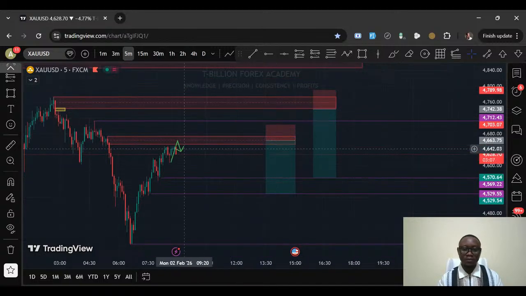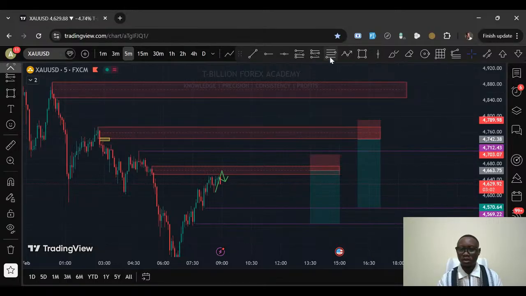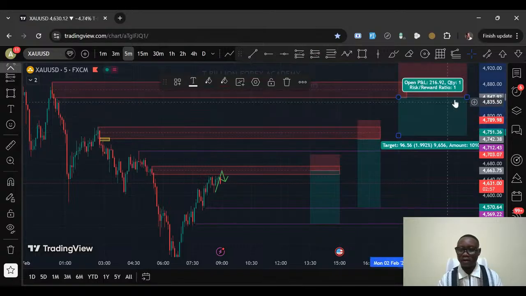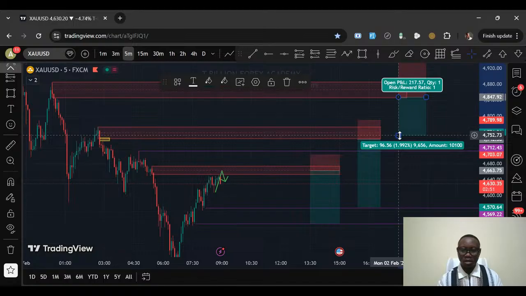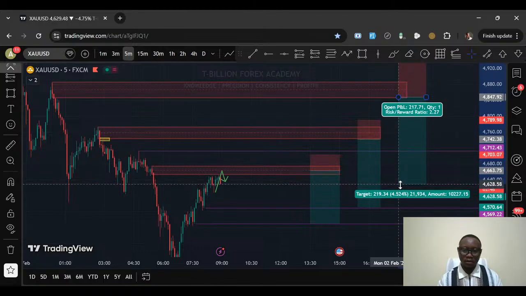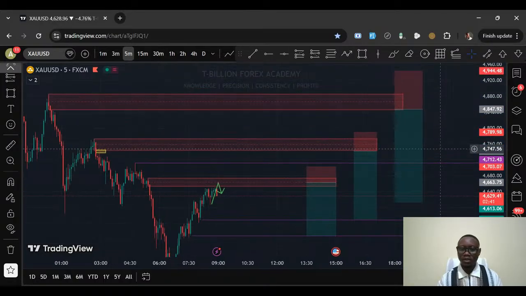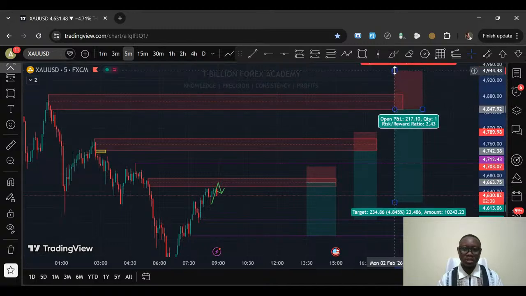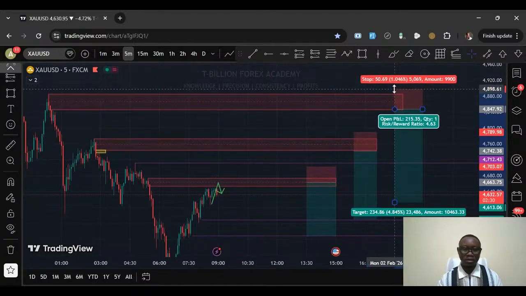All right, and for this zone, let's take our entry here, and our TP would be somewhere around here. So we can have that for our TP. Our SL will be slightly above this swing level, this one right here, like so.